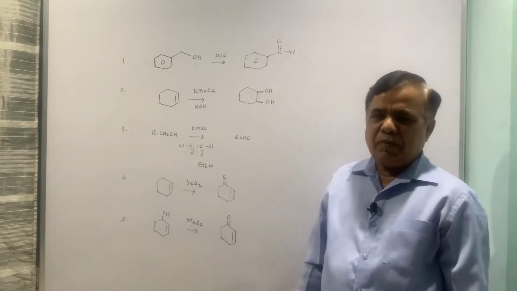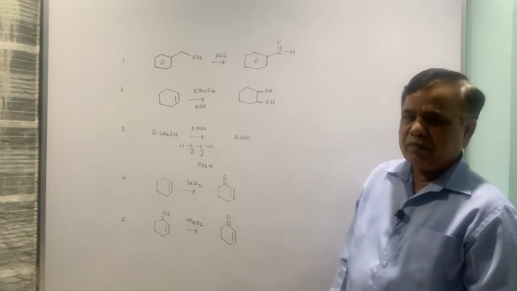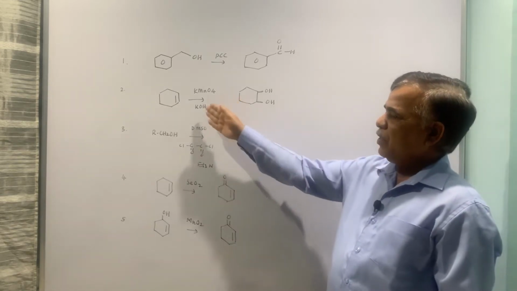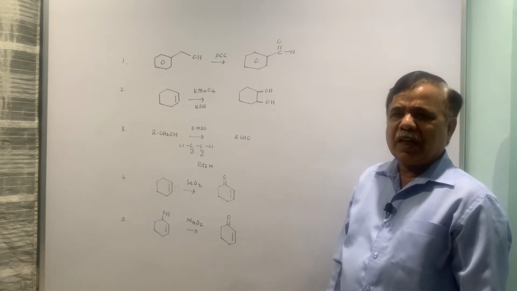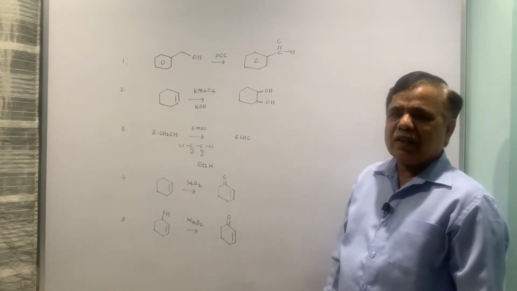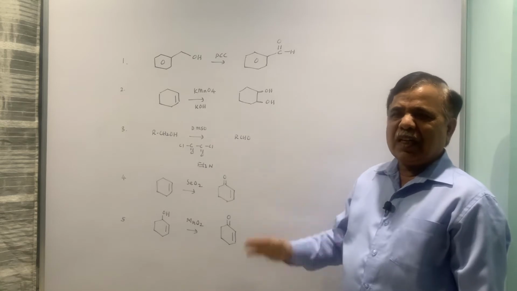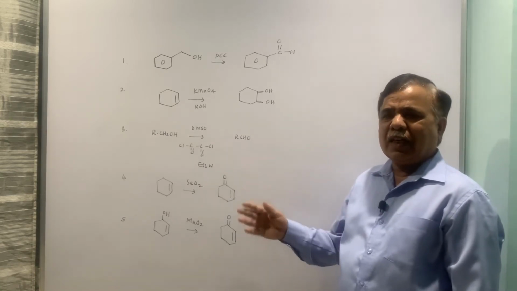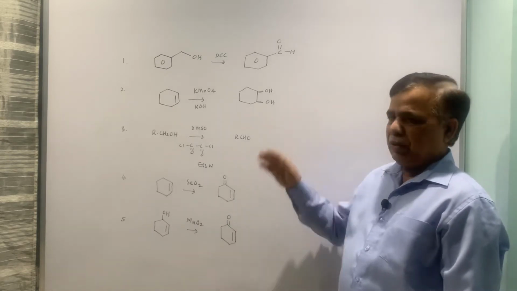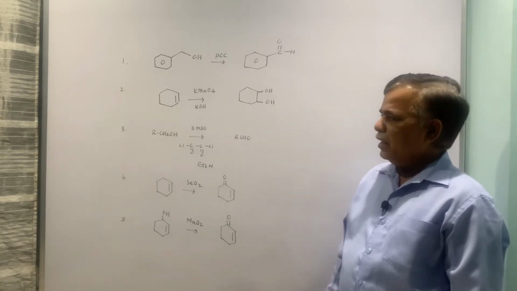KMnO4, there are two applications as we have already said earlier. The first is addition across the double bond, so that is cis vicinal diol formation. The second one is the benzylic carbon can be oxidized, and if we start with toluene or any alkyl benzene for that matter, it will be oxidized to benzoic acid.